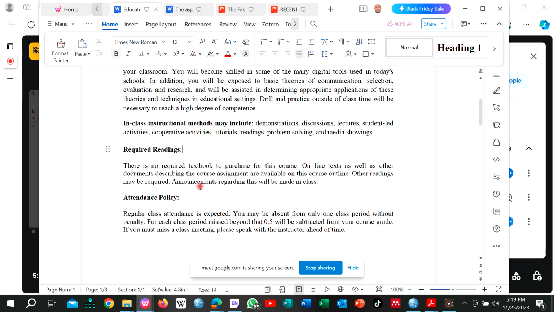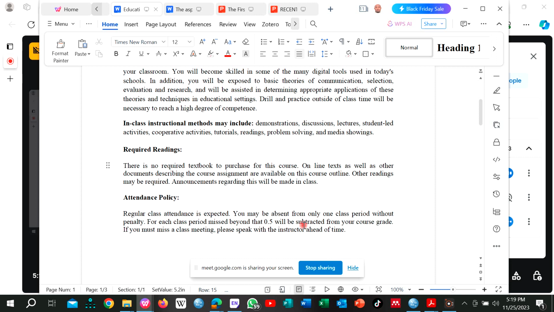Now, the required readings: there is a book to give you, but there is no book to purchase. So don't buy. The book is free. You can also access it on PDF.com, though these days it is not giving those downloads. Since it may not be easy to access, I'll send it to you after today's class.